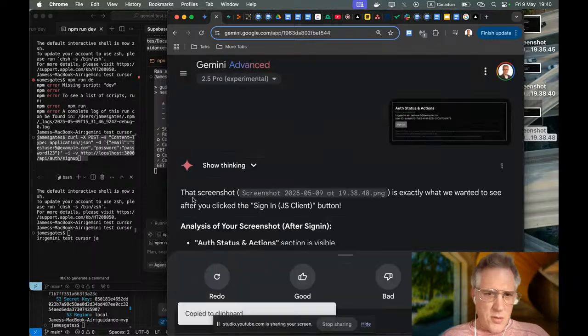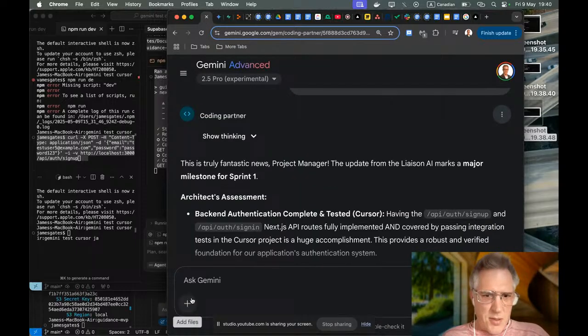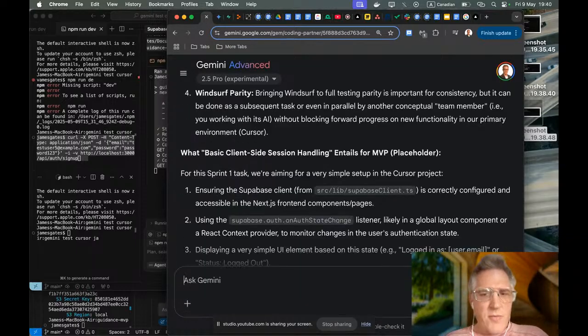What does it want? Is it asking me to back up to update the README file?